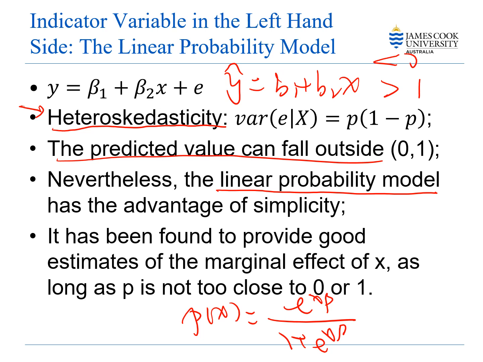However, now we have a nonlinear model, and estimating a nonlinear model is more complicated. So this linear probability model has the advantage of simplicity. Also, it has been found that it provides good estimates of the marginal effect of x, as long as the probability is not too close to 0 or too close to 1.